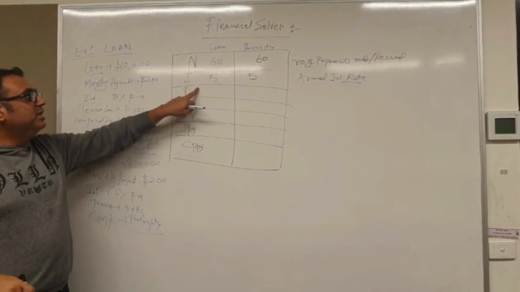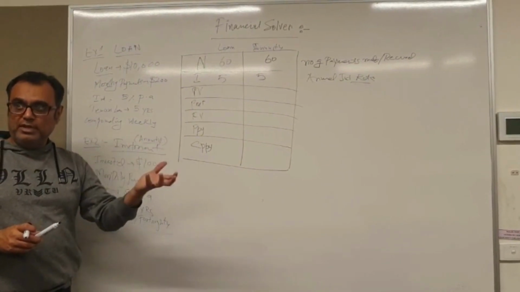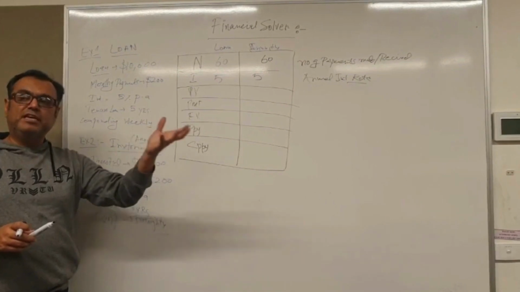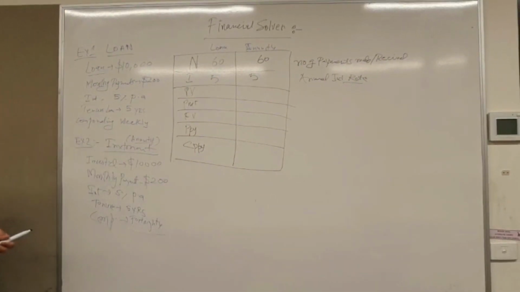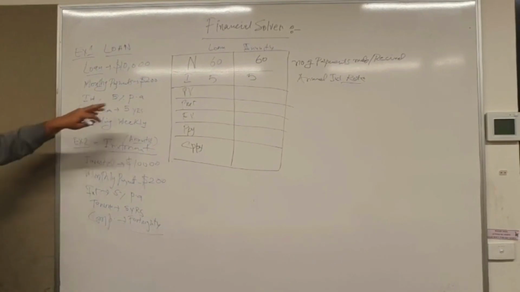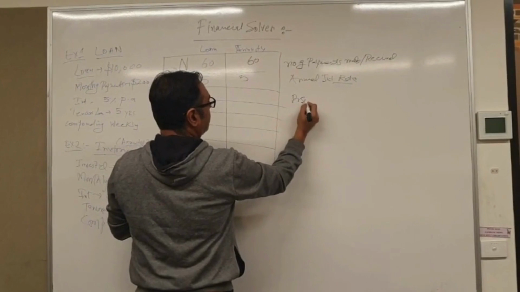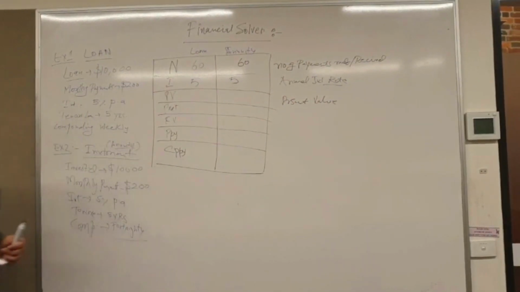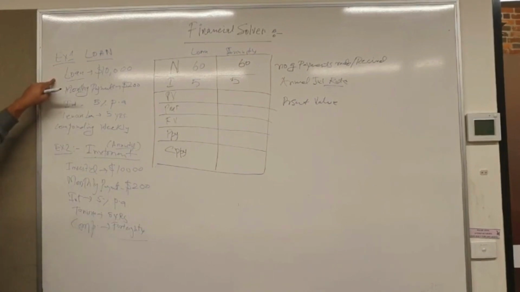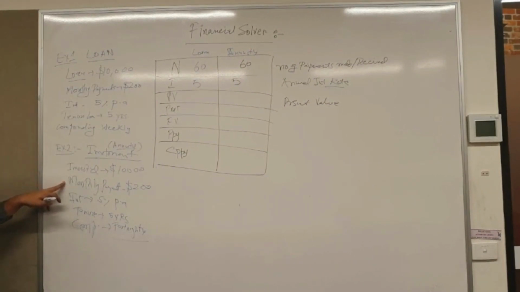Present value is the amount involved at the start. Either you've taken a loan or you're giving an investment. That's where the difference comes in. It's called the present value. For loan purposes, it's $10,000. For investment purposes, it's $10,000.